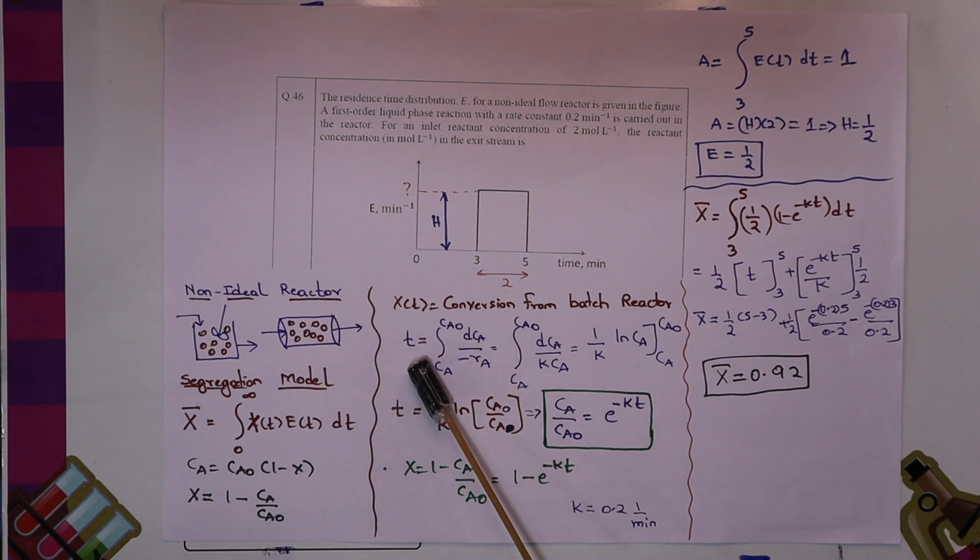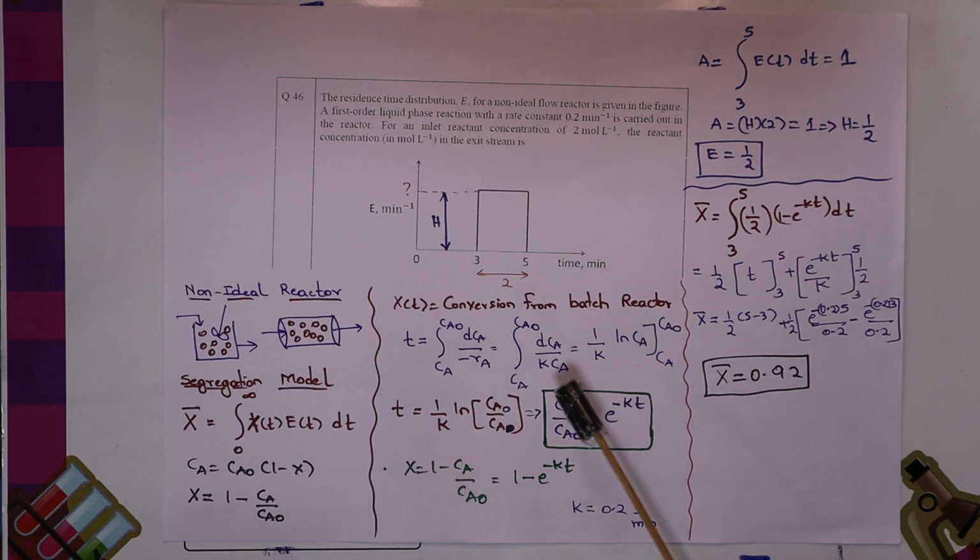The time of a batch reactor is nothing but integral Ca to Ca0 dCa by minus Ra. Because of first order, I replace minus Ra with K Ca, which is nothing but 1 by K into ln Ca, with limits Ca to Ca0.